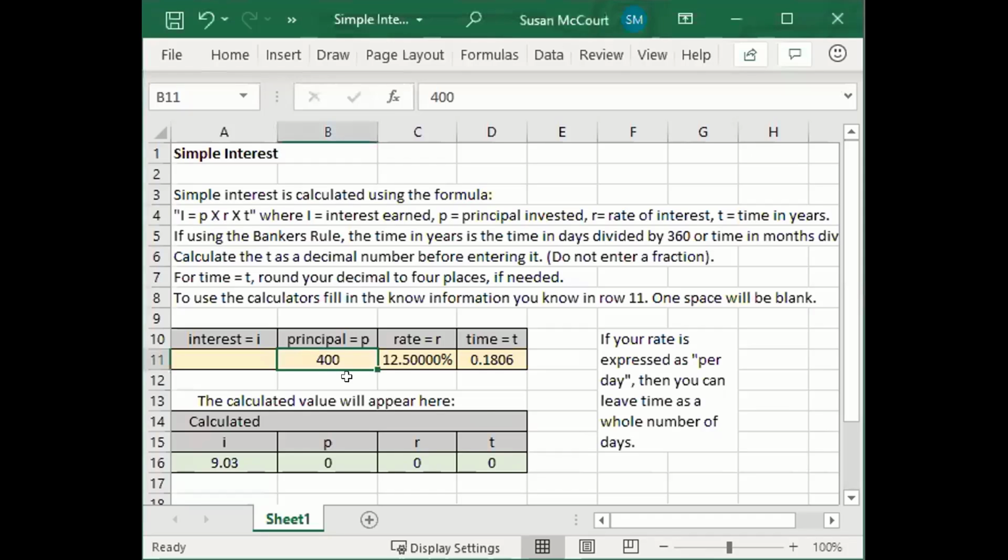We're putting in our new principal of $259.03. Our rate stays the same, and our time is 0.0778. And that says her interest now is $2.52 when we round it up.